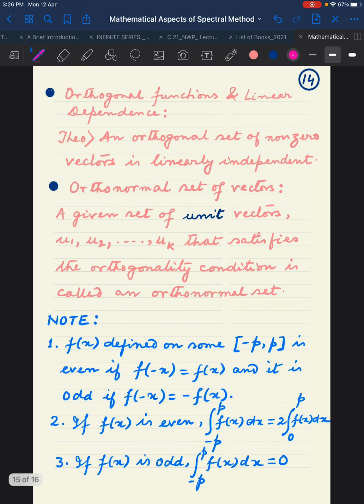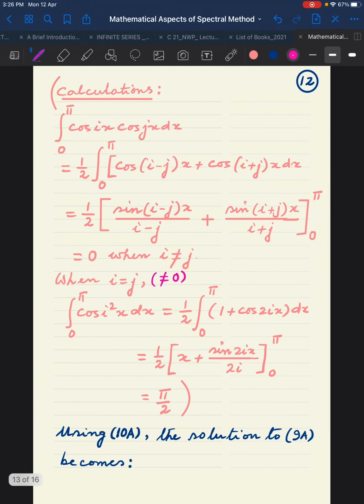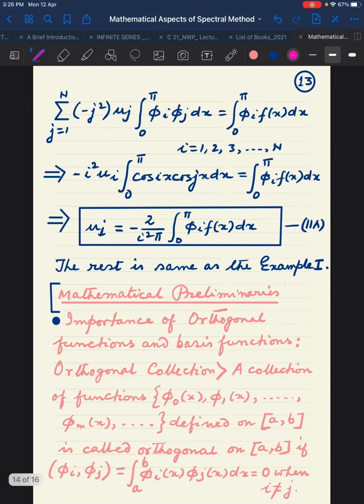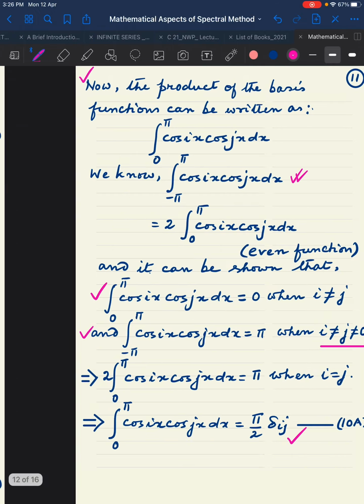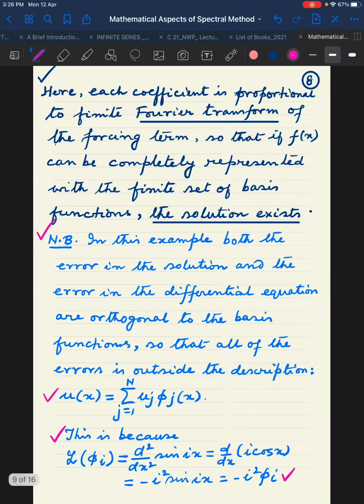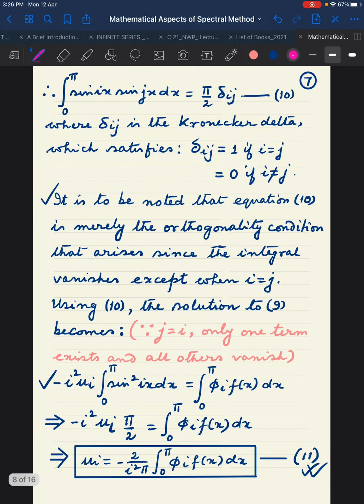When i not equal to j, it will be 0. So one point we have here already shown. For i not equal to j, this is 0 always. You see here, or you see in the first example.